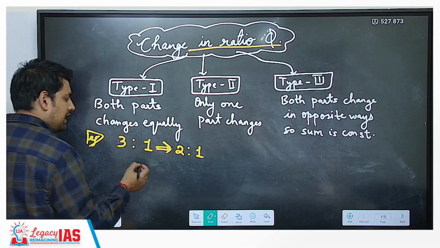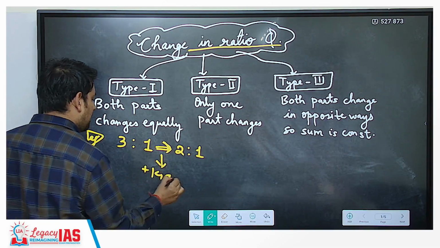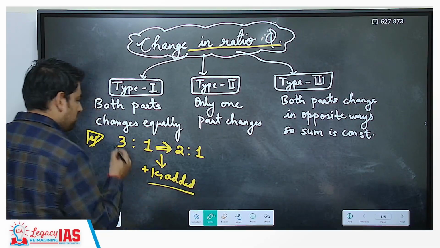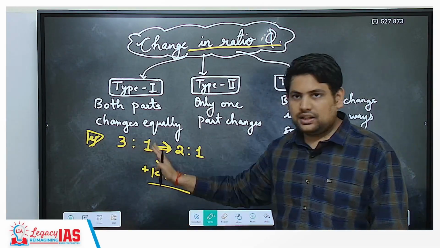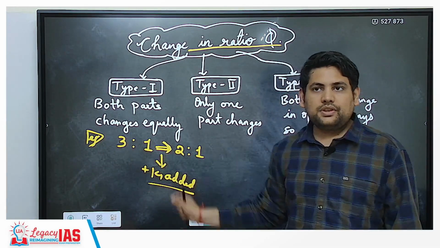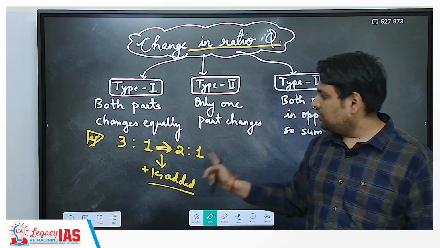Now what is added here, let us say 14 is added on both the parts. Whatever were the original numbers, this was the original ratio. Now 14 is added to both the parts of the ratio and the new ratio becomes this.